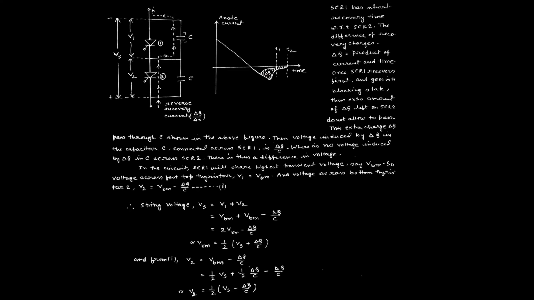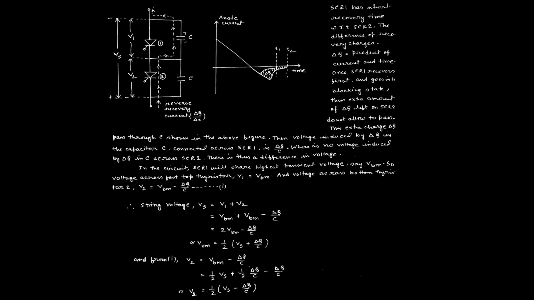As we know, that is the characteristics curve during the turn-off process. T1 is the turn-off time for the first SCR, SCR1, and T2 is the time for the second SCR. That means when the first SCR has already turned off, the extra del Q amount of charge should be stored across this capacitor, due to which the turn-off time of SCR2 is large with respect to SCR1.